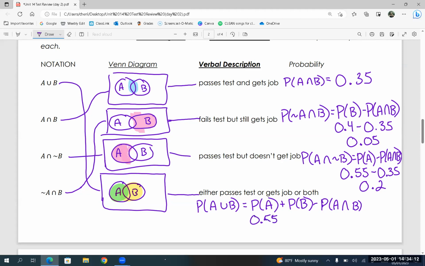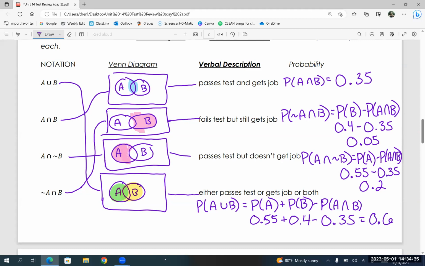The probability of B is 0.4. The probability of A and B is 0.35. So we do 0.55 plus 0.4, we get 0.95, minus 0.35 would give us 0.6.